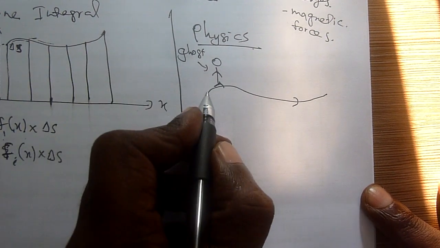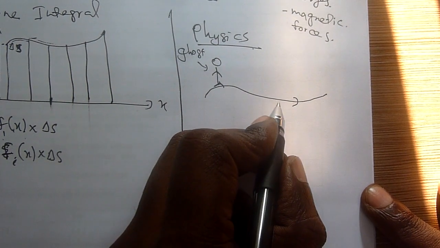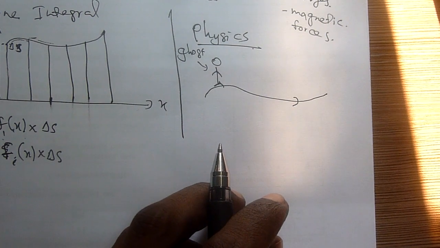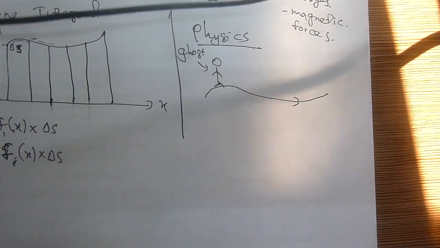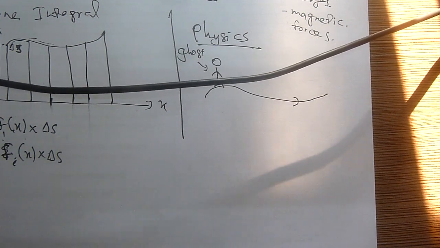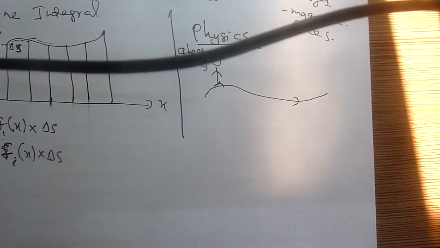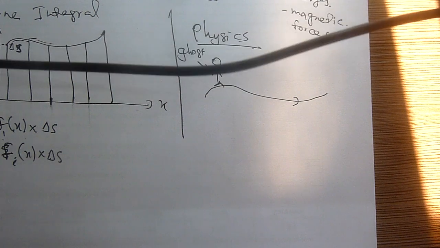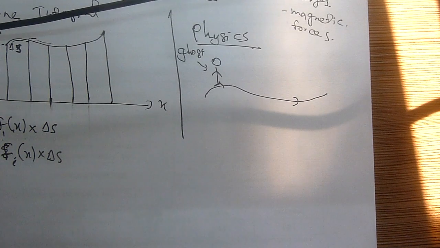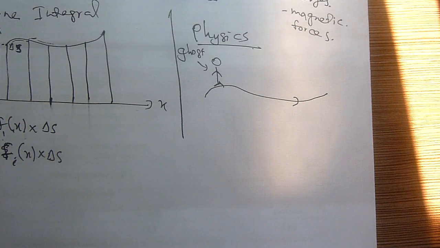The ghost is actually walking on one small line. You can see here, this is a cable, right? Let's say the man is walking on the cable, then there is some action taking place. Immediately you can see, wow, the cable is moving up and down. How could this be possible?